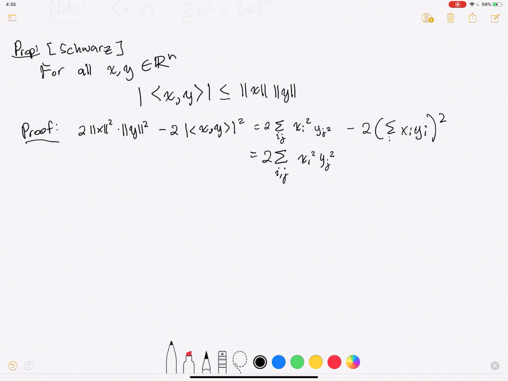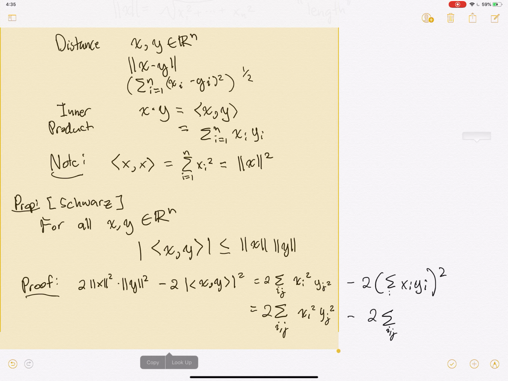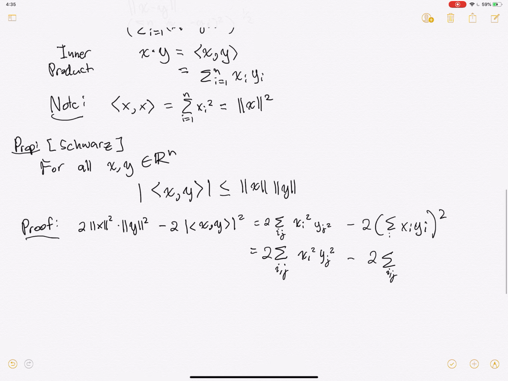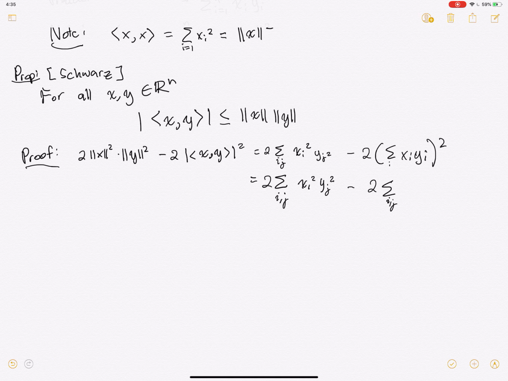You can turn it into a double summation over i, j, so just every i, j in the set.